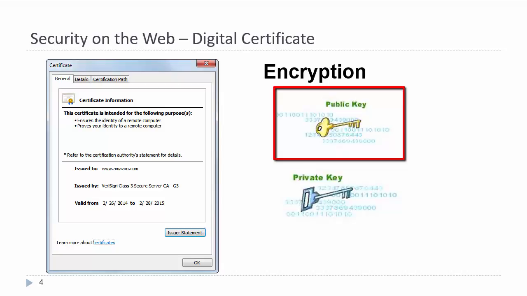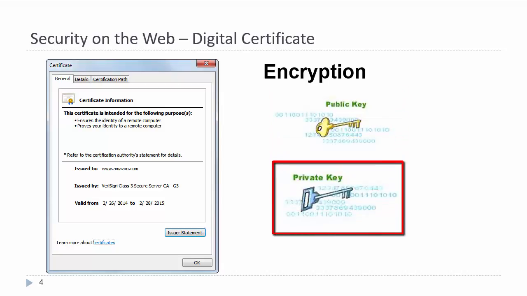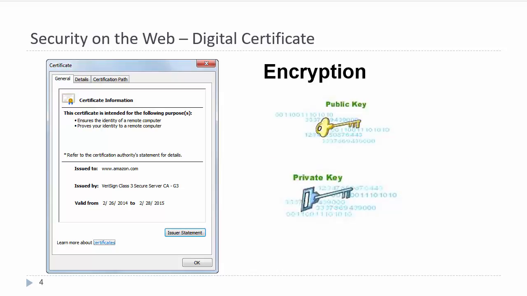So when you make a request, that request is encrypted using the public key that was given to you. It's the same key that's given to every user who uses that site. However, the server has the private key which decrypts the information so that it can be processed. And these two keys are part of the encryption process that accompanies this digital certificate.